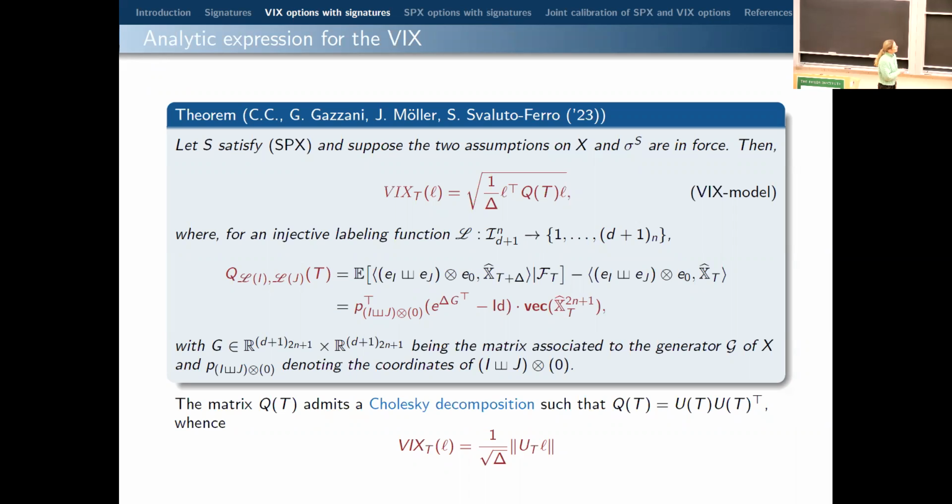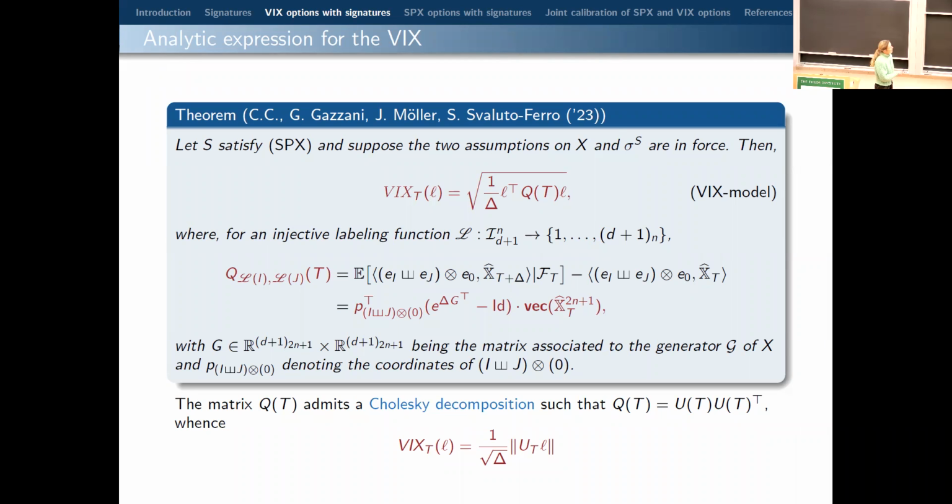And then I have this Q function, given by this expression where now this matrix exponential appears. Here these are some coefficients, and this is the vectorization of the signature at time capital T. So this is the expression for the VIX.